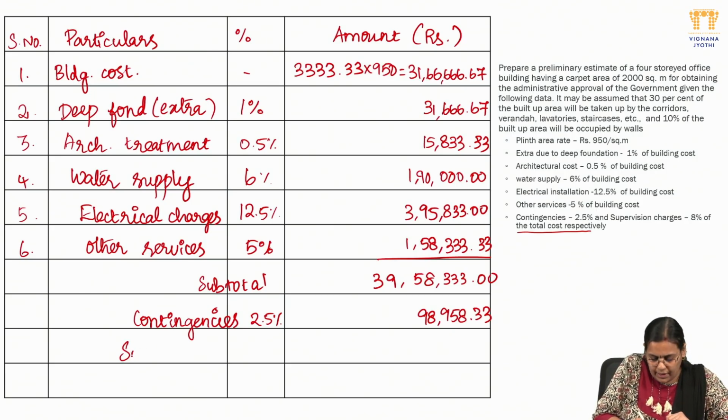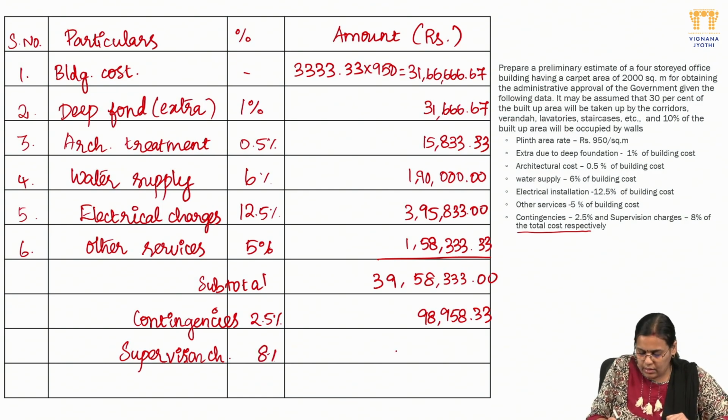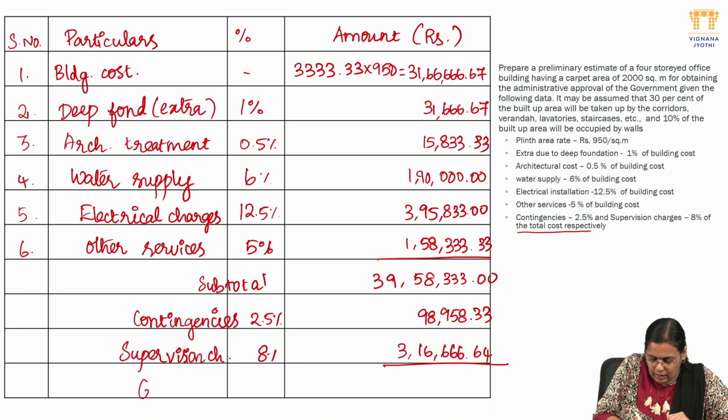And your supervision charges would be around 8%. So this comes around 3,16,666.64 rupees.